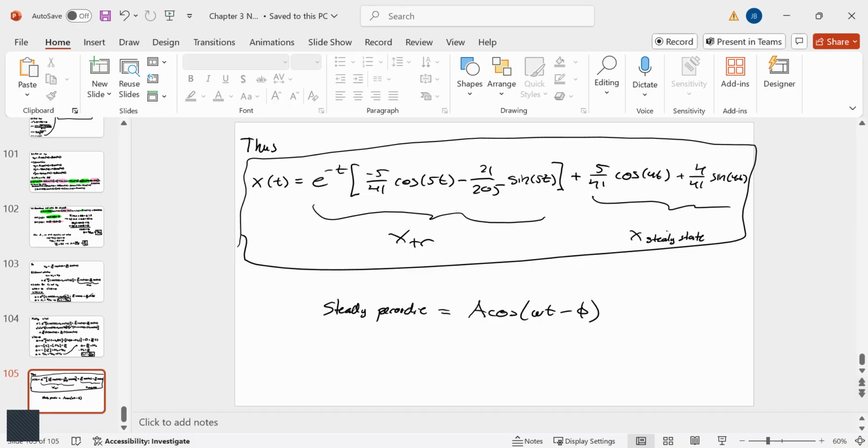Again, they don't mention that you have to convert it, but in the solution they do convert it. So at the end of the day, steady periodic and steady state are the same thing. It's just maybe one is asking for a specific form. So just as a general awareness. Keep that in mind.